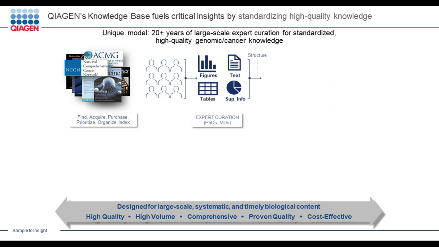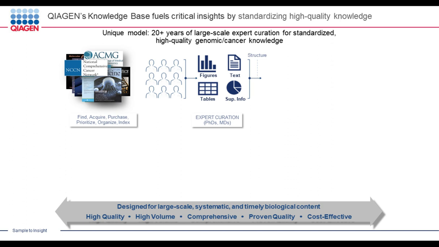And so that's why we employ MDs and PhDs to do our curation. Machine algorithms will probably one day be able to do this, but today, as we look at the machine learning and AI landscape, it's just not as good as expert curators.